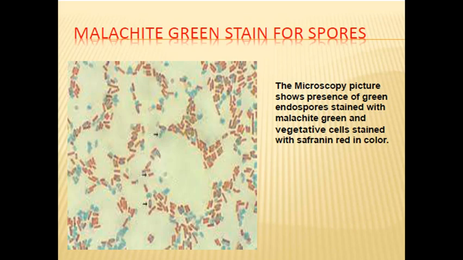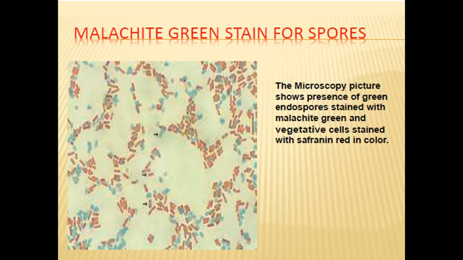When we observe the slide under the microscope, we can see pink colored cells having a dotted green colored body. If in the pink colored cell a green body appears, it indicates that this bacteria has an endospore.